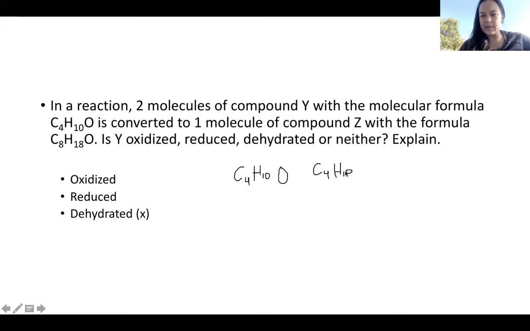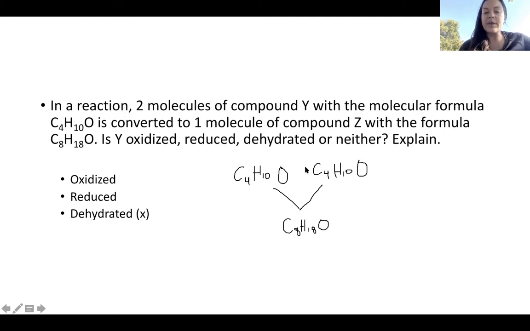C4H10O is converted to 1 molecule of Z. So these combine and you get Z, and it has C8H18O. It wants you to figure out, did it get oxidized, reduced, dehydrated, or neither?